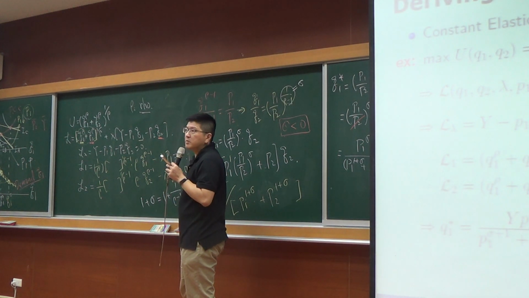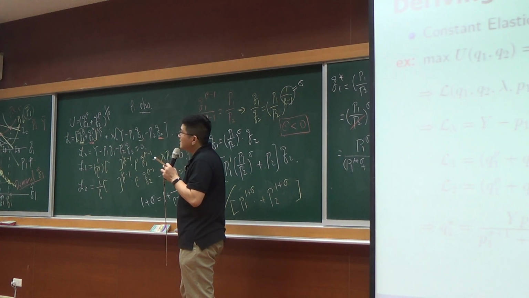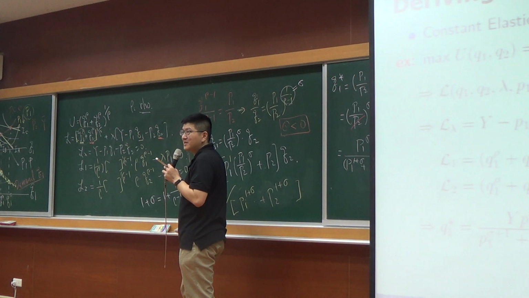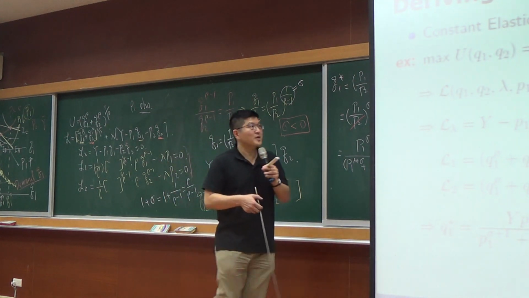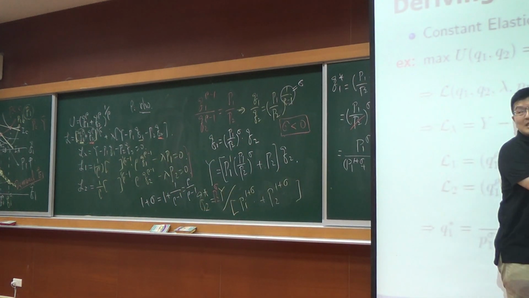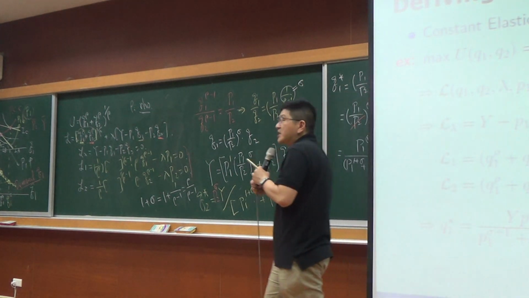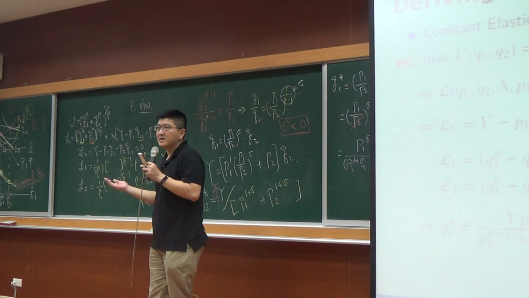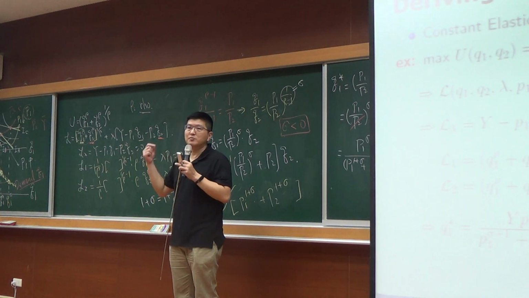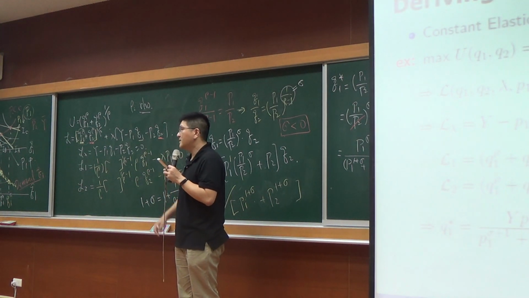And what about rho? Is it positive or negative? Are you sure? Rho is just less than 1, but it is not necessarily positive, right? It can be negative. We just regulate. Rho cannot be 0, but we don't say rho cannot be negative 5 or minus 10. Okay? We just require rho to be less than 1.